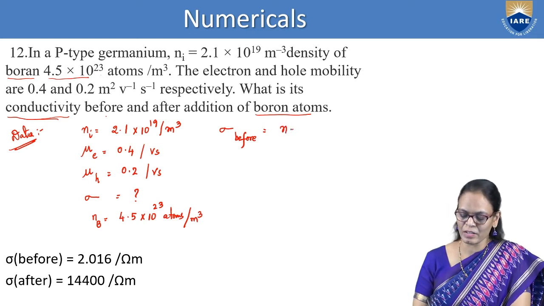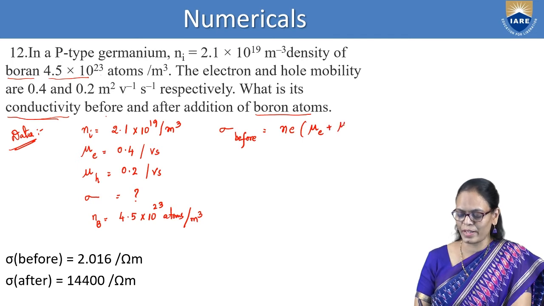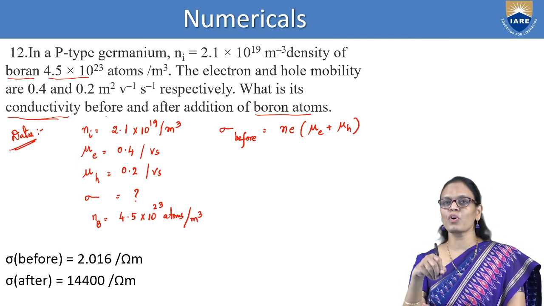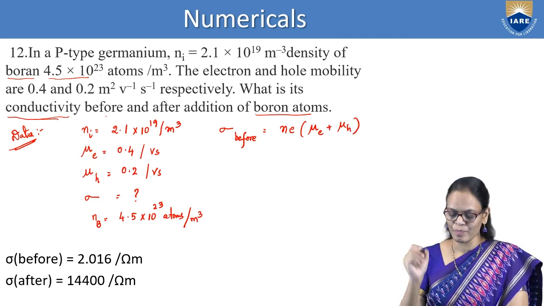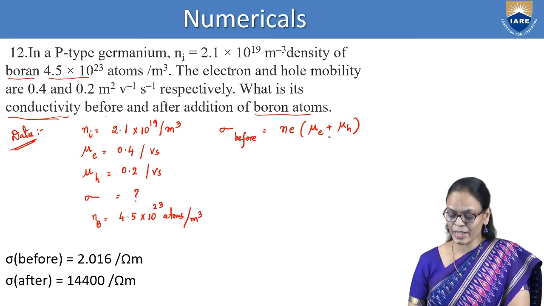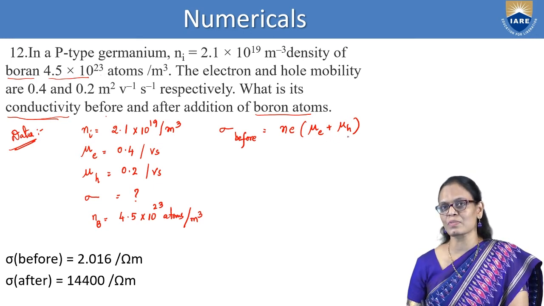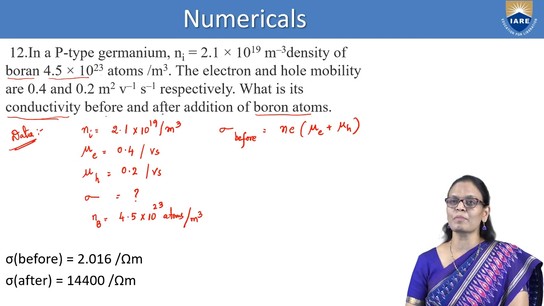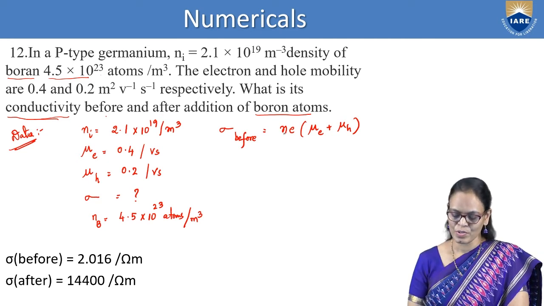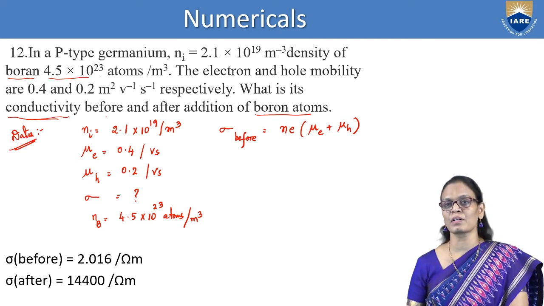We have sigma equals Ne into (mu E plus mu H), because before adding the trivalent impurity, the conductivity is due to both electrons as well as holes. And we know the mobility of electrons and holes.